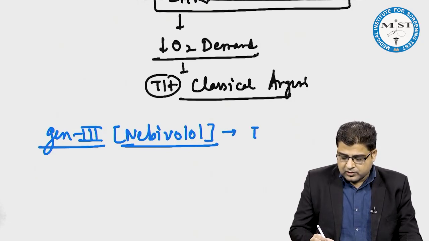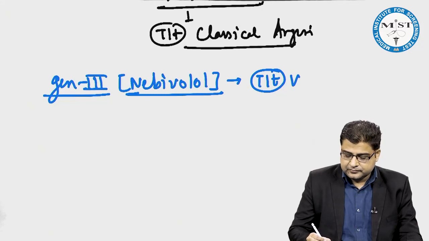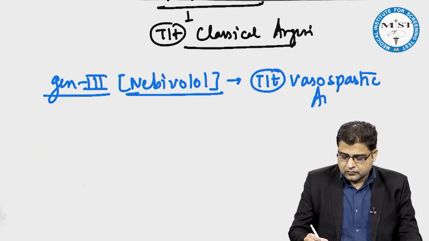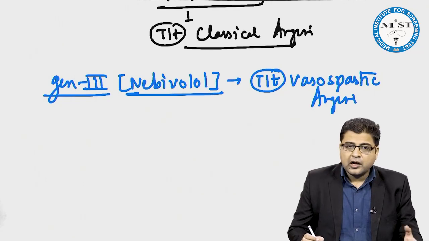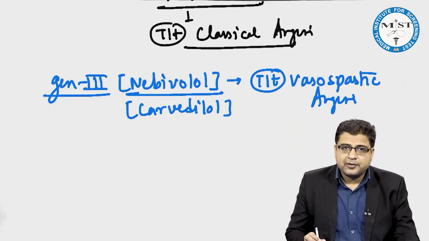So this medicine also has a role in treatment of vasospastic angina. Carvedilol is one more drug which we can also use. This also has vasodilator property.